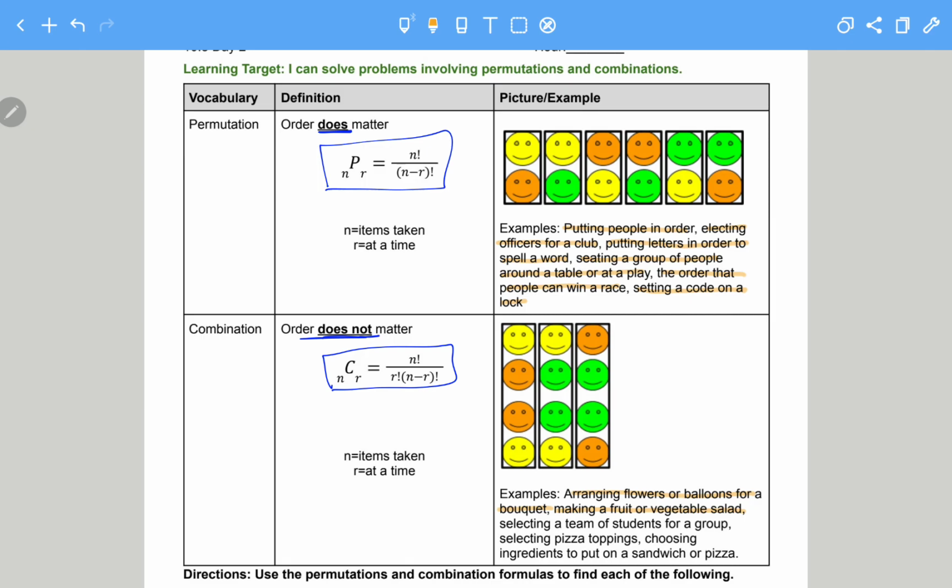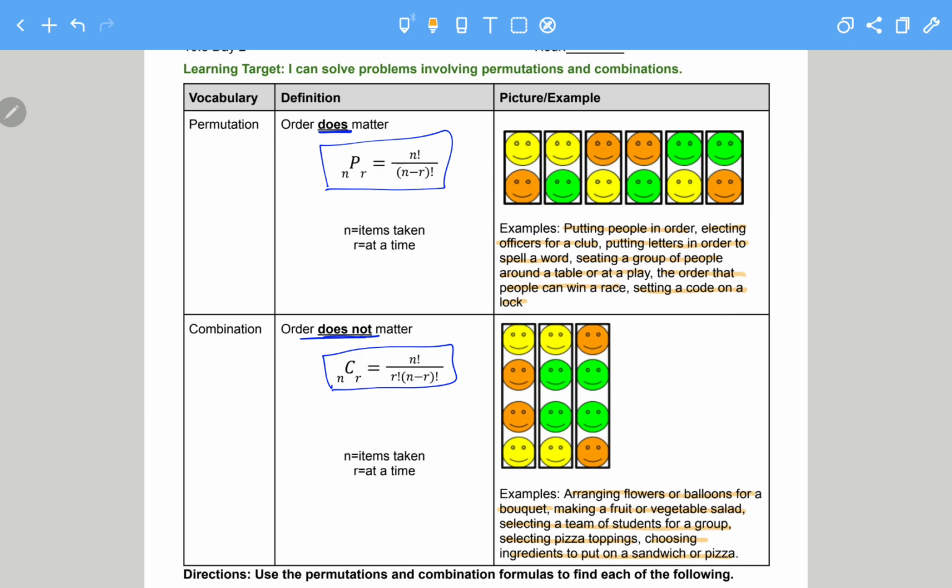Okay, all the ingredients are going to be in the salad anyways. Selecting a team of students for a group. Okay, selecting pizza toppings. It doesn't matter if they put the pepperoni or the sausage on first. And then choosing ingredients to put on a sandwich or pizza or something similar like ice cream. All of those are combinations.